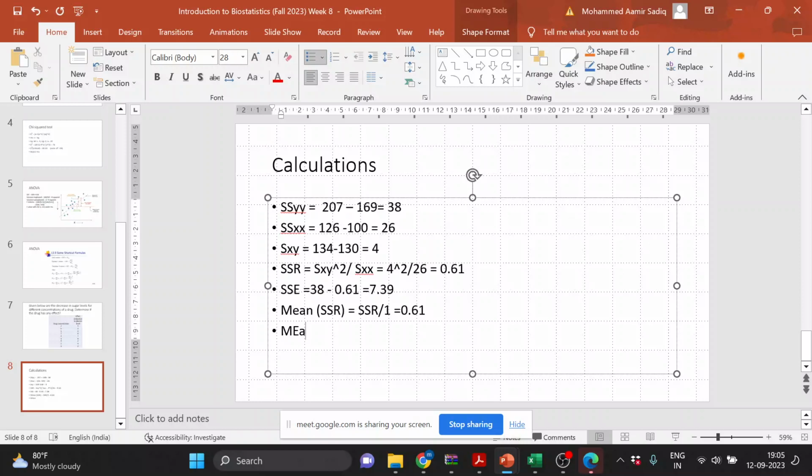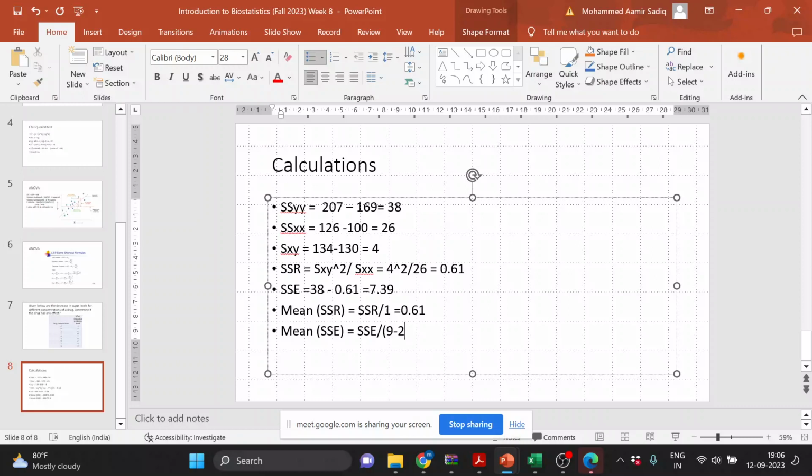Mean SSE is your SSE divided by degrees of freedom, and that will be n minus 2, right? Our n is 9 here, so 9 minus 2 is 7.